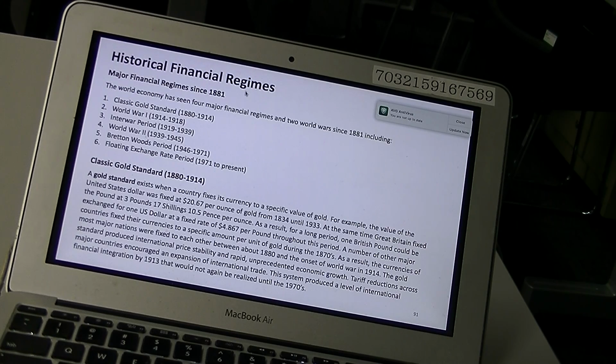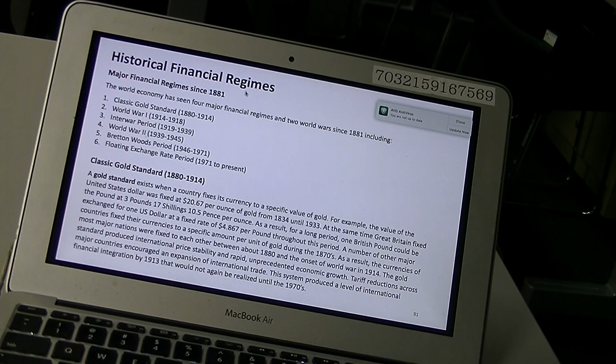The currency rate between the British pound and the U.S. dollar was also fixed, at $4.867 per pound. So during that 100-year period, that was exactly fixed.